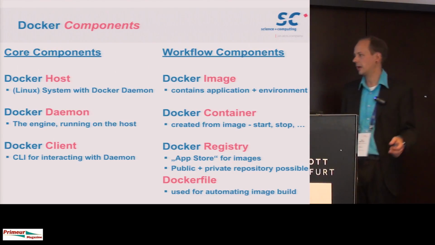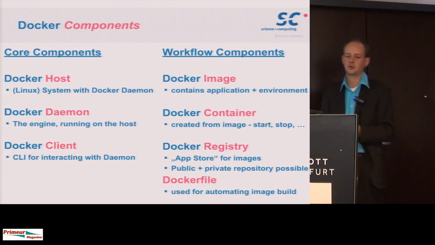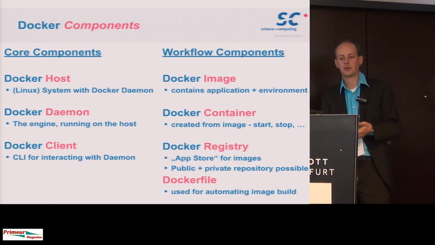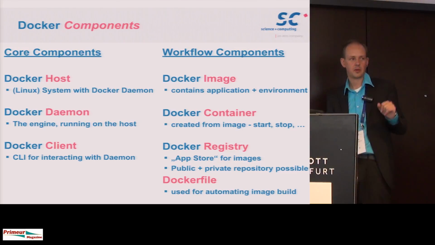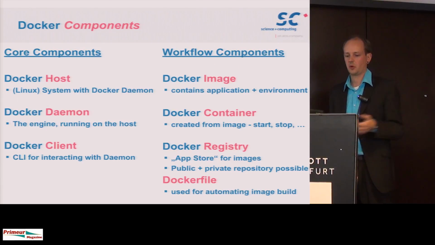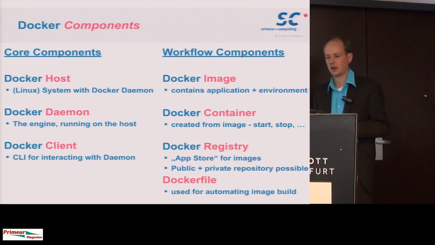Then you have the Docker registry, which is more or less some sort of app store for Docker images. You can have these public, for example by accessing Docker Hub, or private registries as well. Then, I think he's going to cover later, are the Dockerfiles. Those are the definitions required to automate an image build.